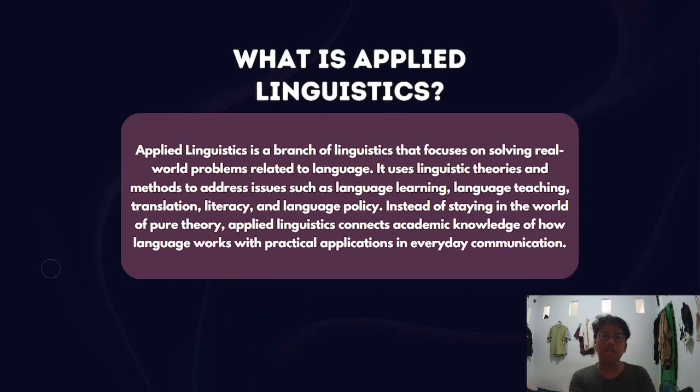So the next slide will be what is applied linguistics. Applied linguistics is a branch of linguistics that focuses on solving real-world problems related to language. It uses linguistics theories and methods to address issues such as language learning, language teaching, translation, literacy, and language policy.